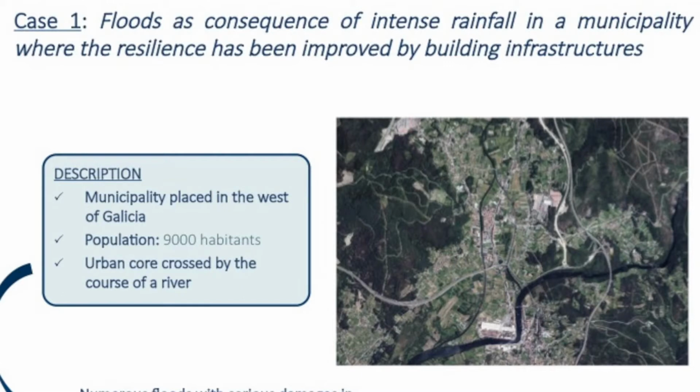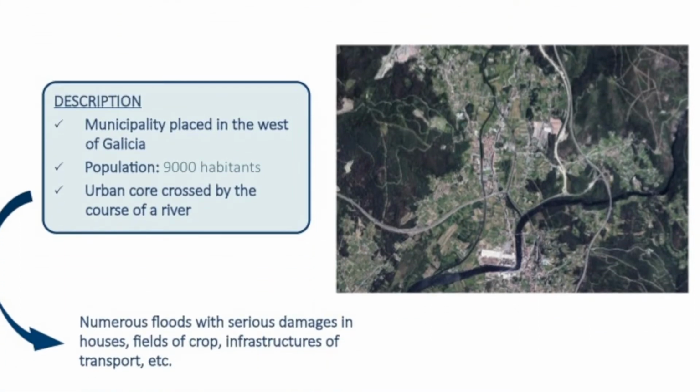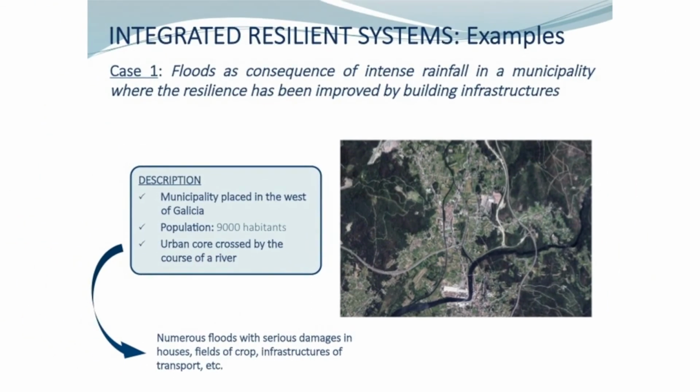In this town, numerous floods have occurred and serious damages were caused even in houses, crop fields, transport infrastructures, etc. These have a huge impact on the local economy and the life quality of the neighborhood.